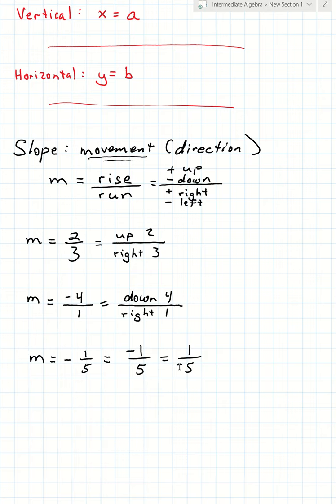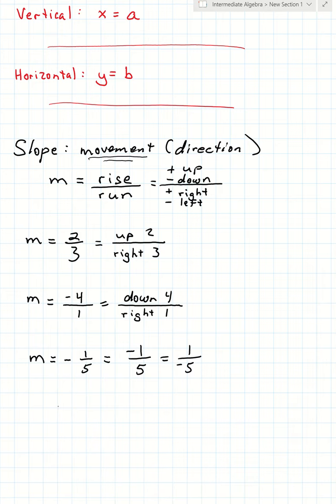All three of these numbers are equivalent. Whether you write a negative 1/5 or a -1 over 5 or 1 over a -5, they all mean the same thing. And that's why I can put an equal sign in between them, because they are equivalent fractions. Do be careful.